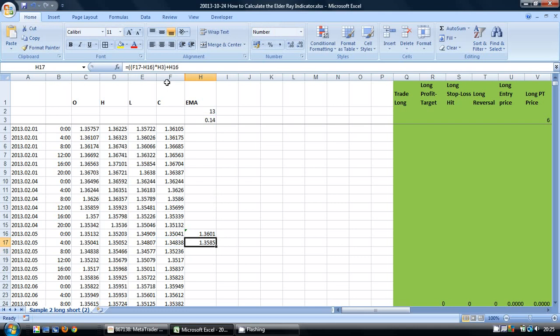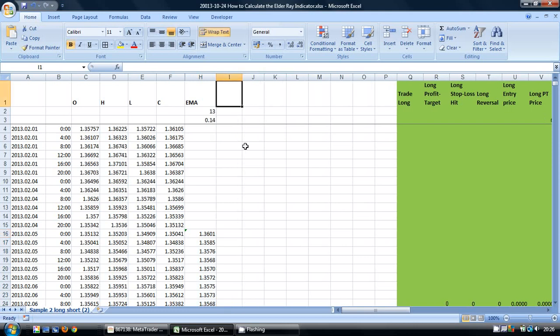Then I'm going to go back into this, and because this H3, our factor, is going to be an absolute reference cell, I'm going to press F4 to make this cell fixed. Then we copy this down to the cells below by double clicking on the box in the bottom right hand corner.